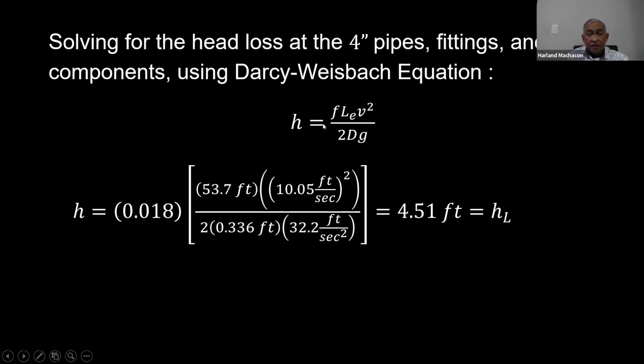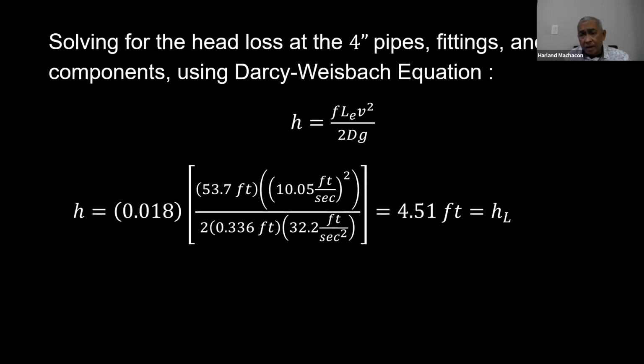So friction factor 0.018, L sub E, the total equivalent length, is 53.7 feet, and V is equal to 10.05 feet per second. The diameter is 0.336 feet for a 4-inch pipe, and the acceleration due to gravity is 32.2 feet per second squared.